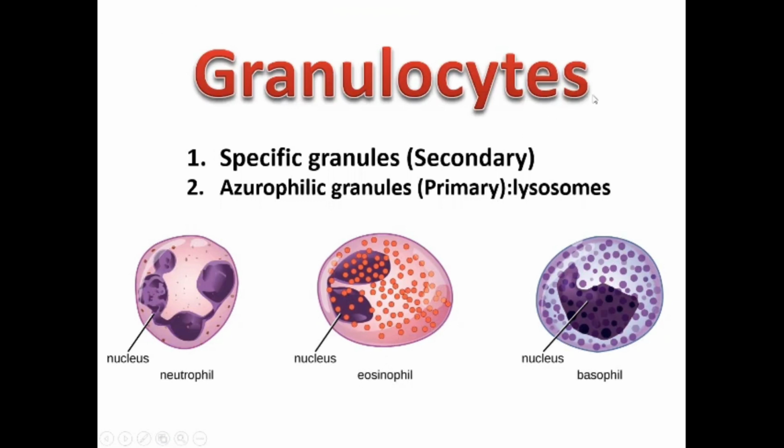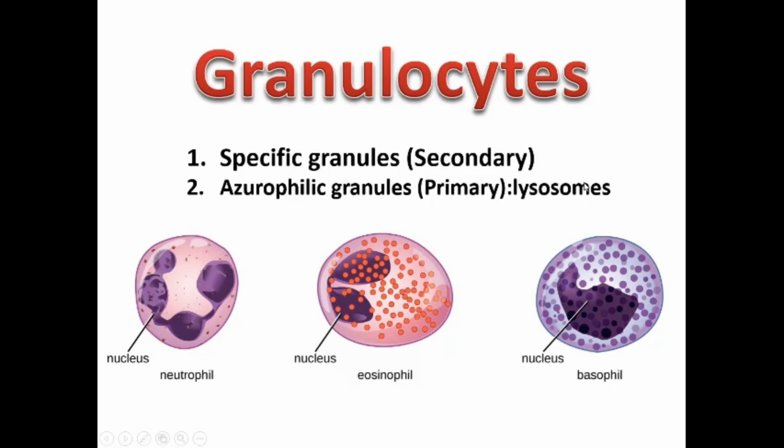Granulocytes have two kinds of granules within the cytoplasm. One group is specific granules, another group is azurophilic granules. Another name for the specific granules is secondary granules. The azurophilic granules are called primary granules, or another name, lysosome.